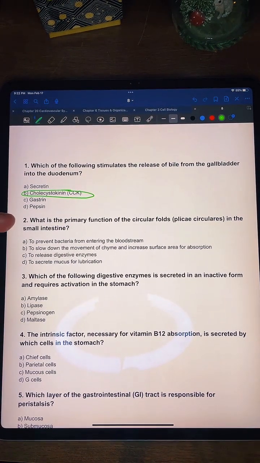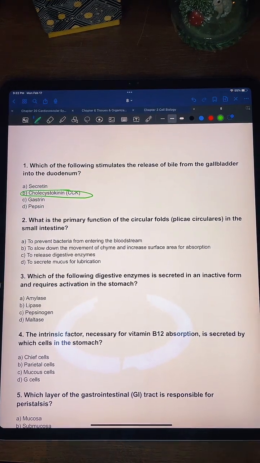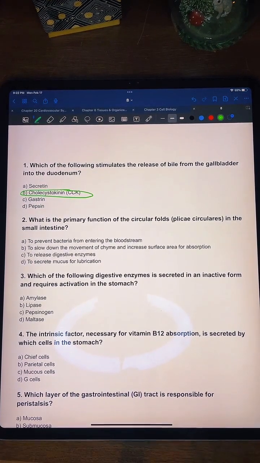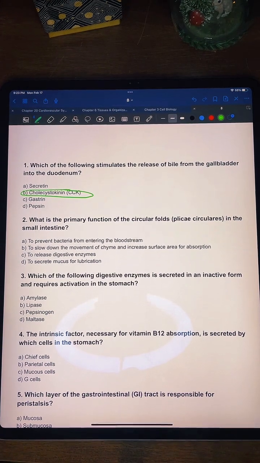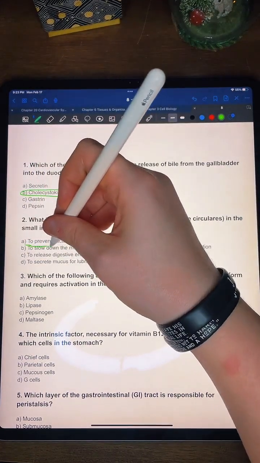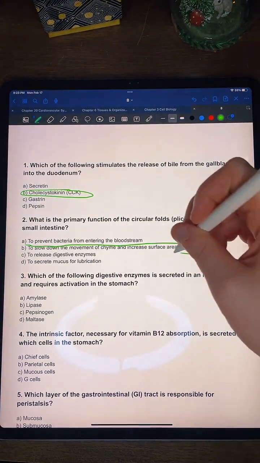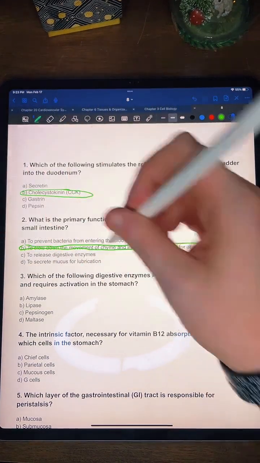What is the primary function of the circular folds in the small intestine? B. All saying B. B is correct. It is to slow down the movement of chyme and increase surface area for absorption.